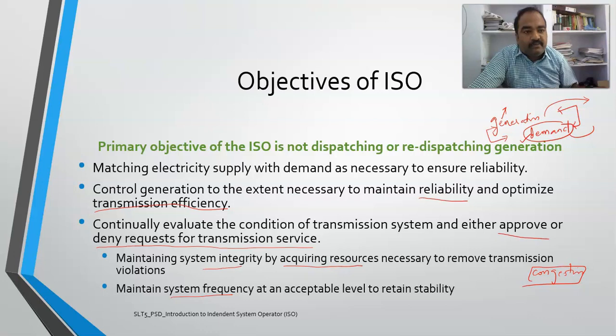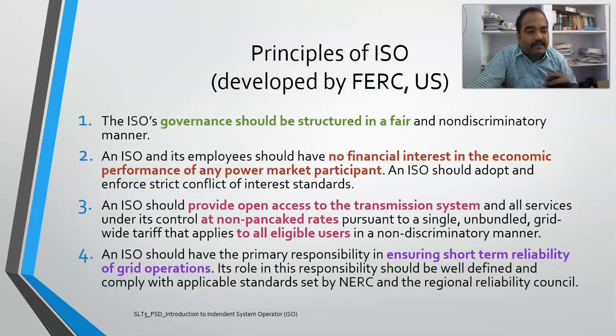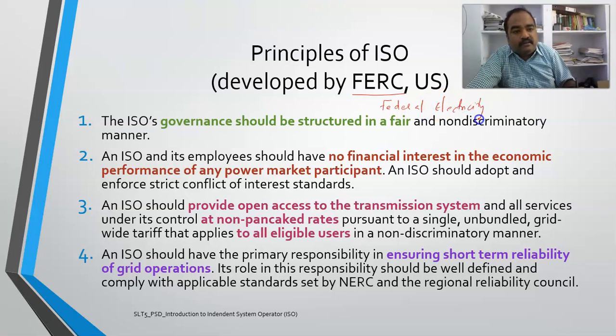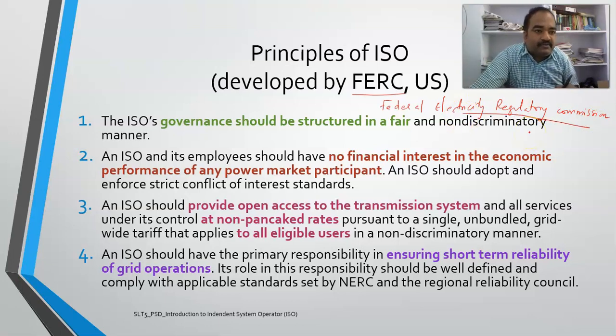So these are all the fundamental objectives of independent system operator. And based upon this, the Federal Electricity Regulatory Commission of USA, which we call the predominant body, is one of the oldest bodies which lays down the rules and regulations of the electricity sector in USA.